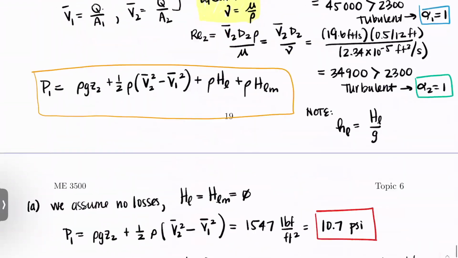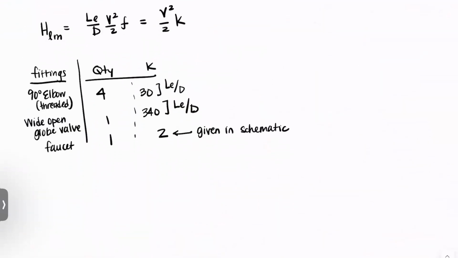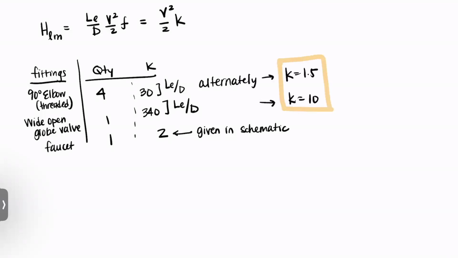And then on an exam, I would very likely give you, alternately for these 2, K equal to 1.5 or K equal to 10 for these 2 fittings. There's another table that I didn't reproduce here, but I would give it to you on an exam. So this is from table 8.4 in the book.